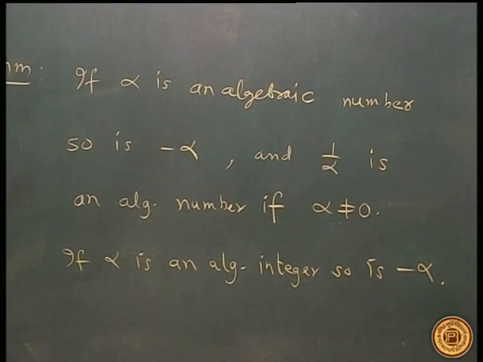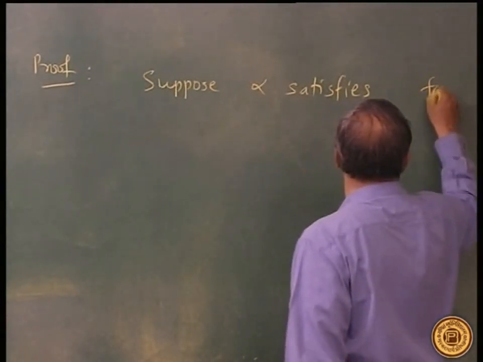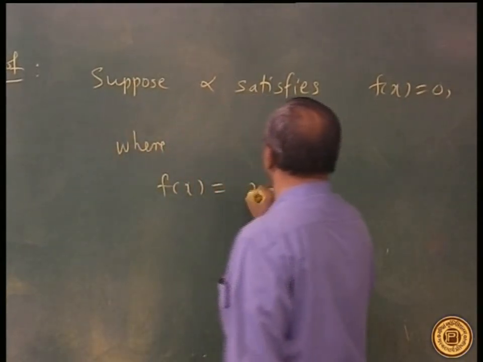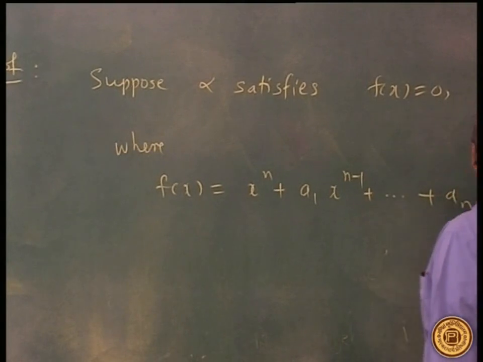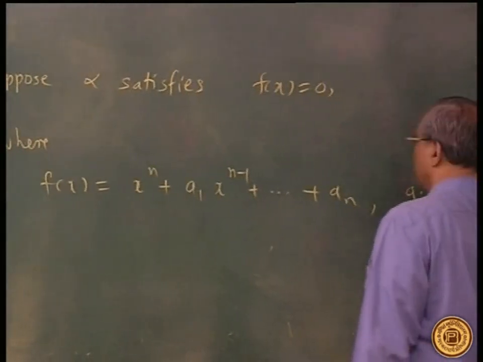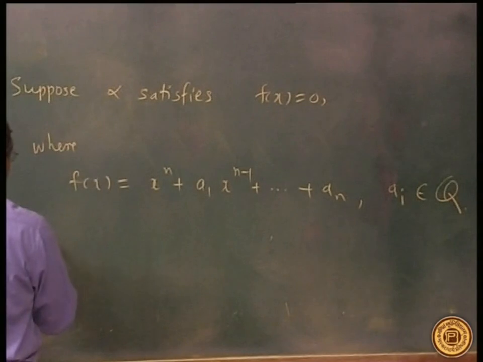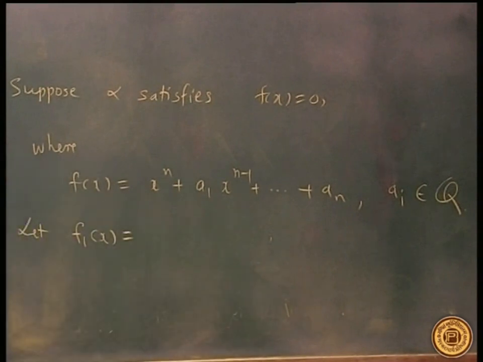So the proof is you just take some polynomial satisfied by alpha. So proof, suppose alpha satisfies f(x) equal to 0, where f(x) is of the form x raised to n plus a1 x raised to n minus 1 plus and so on plus an, ai belong to Q. Now consider f1(x) equal to, see, replace essentially x by minus x and change sign if required.